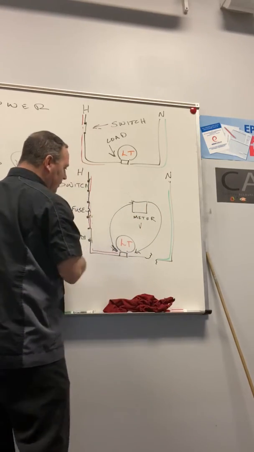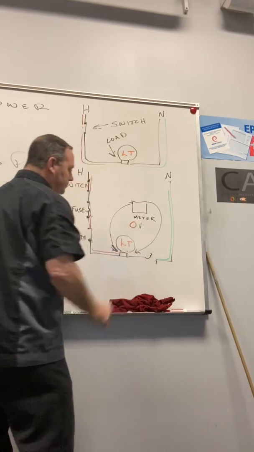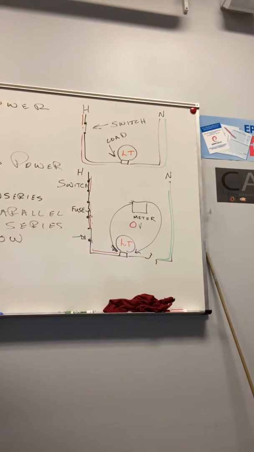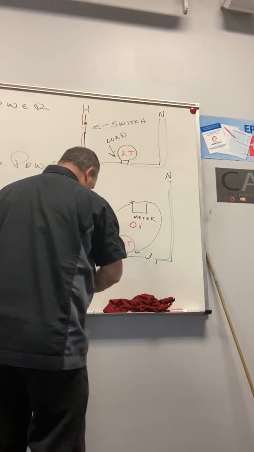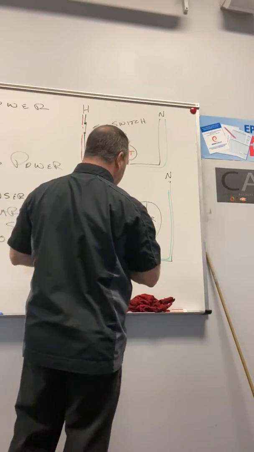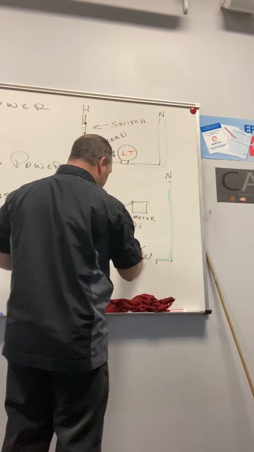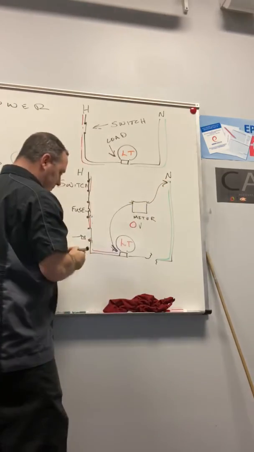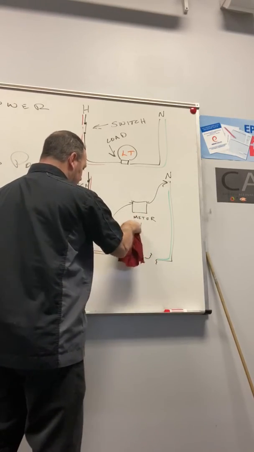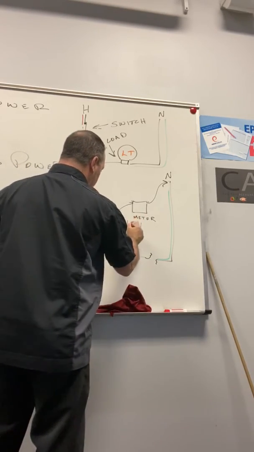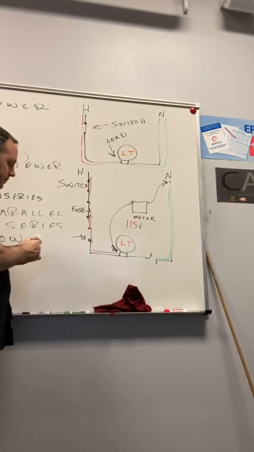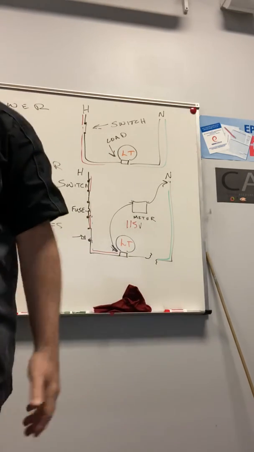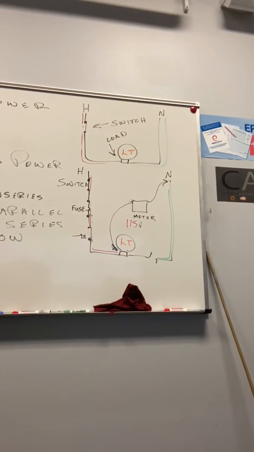Right now, we have 0 volts. But what if I put my meter back over here? Now, 115 volts again. So that's the part of your book right there called troubleshooting.